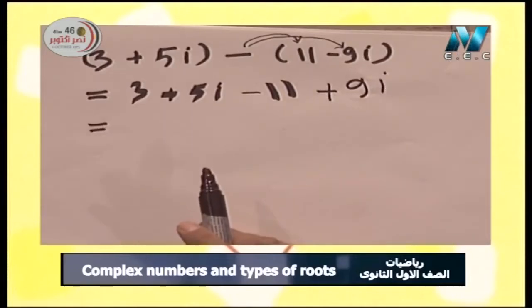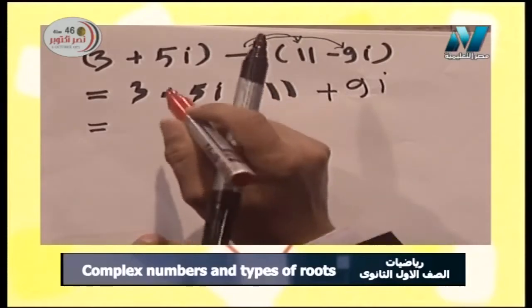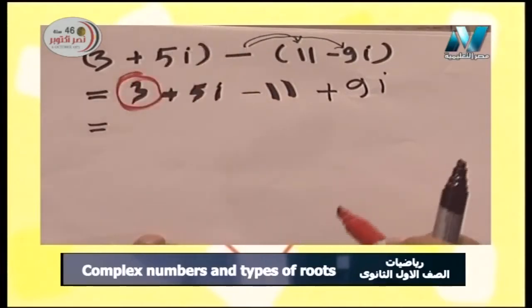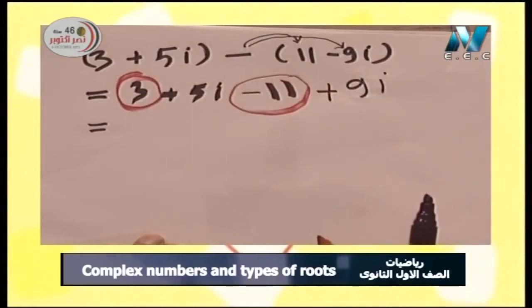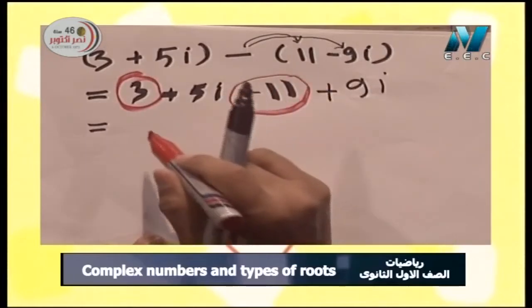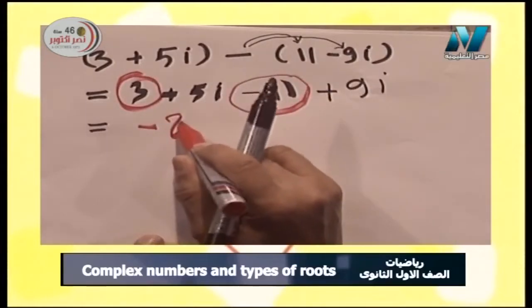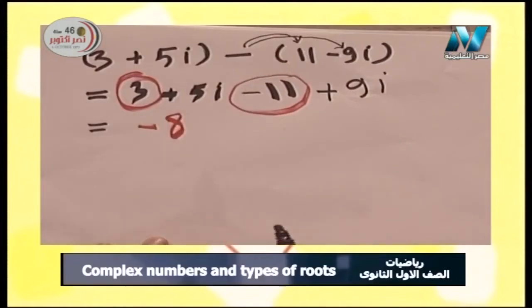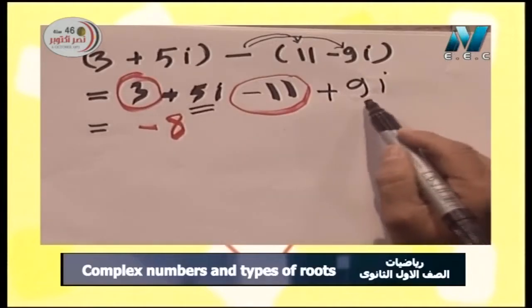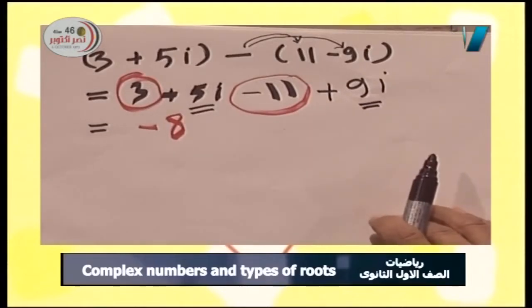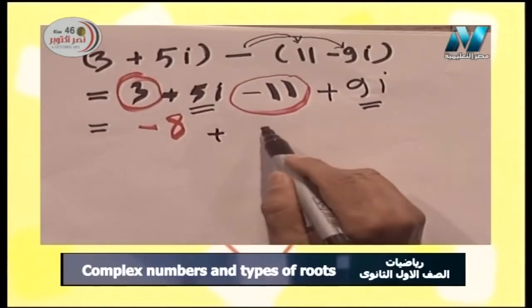Now we have real numbers: 3 added with negative 11, the answer will be negative 8. And we have the imaginary numbers, 5i plus 9i, and the answer will be 14i.